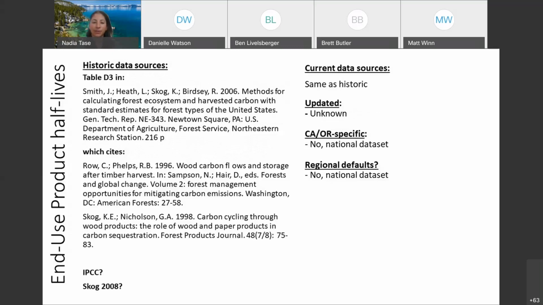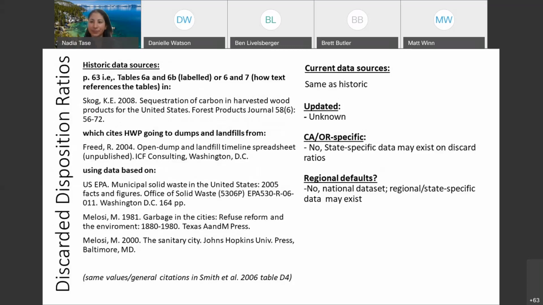So those are some of the rabbit holes I'm trying to get down and get the citations in order. And then additionally, SCOG 2008 included newer analysis for half-lives that was not incorporated into our data sets. So there's some digging that I'm trying to do on figuring out what the best source of information is on that. It's very minor variations, but it's just good to be clear.